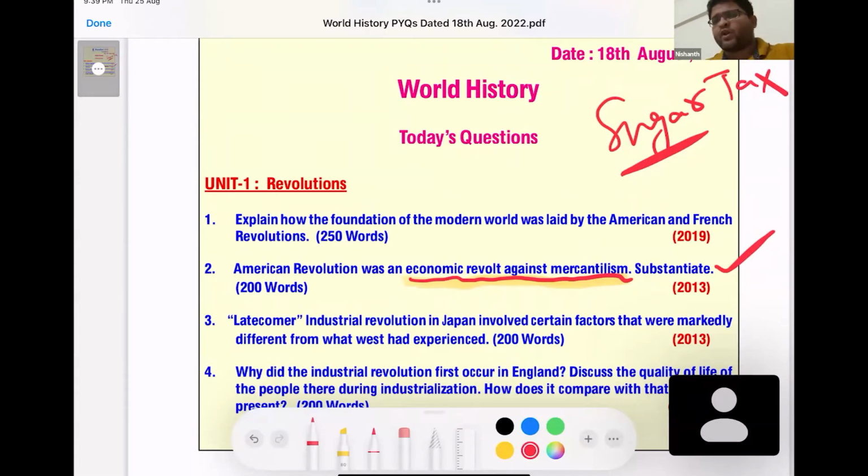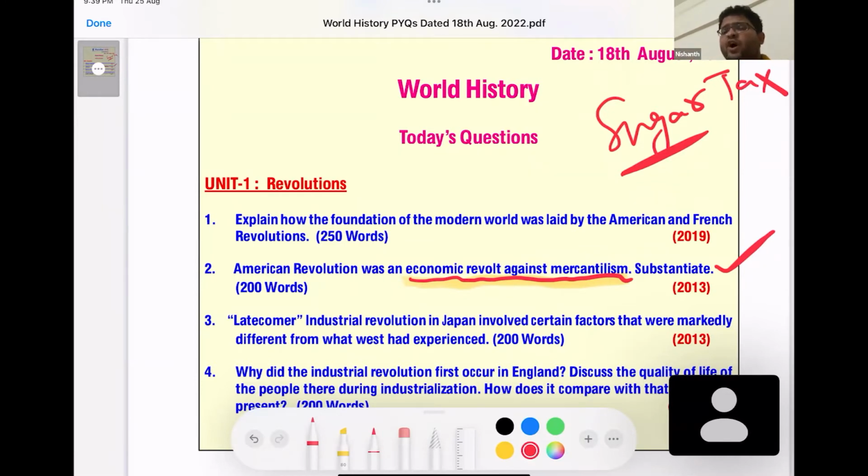Hence, one of the reasons for the American Revolution is the mercantilism policy followed by the British, because American traders and the public were excessively burdened by the taxes. The British expansion in Europe and the British Industrial Revolution were possibly financed from the taxes imposed on Americans.